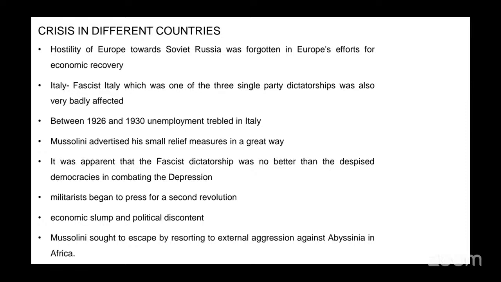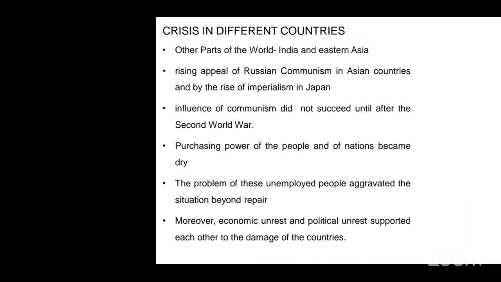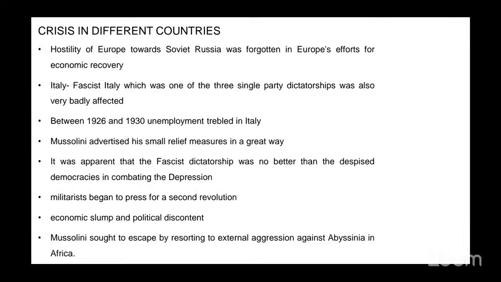Then Mussolini sought to escape by resorting to external aggression against Abyssinia in Africa. So this is how Italy faced its post economic crisis reconstruction. Italy was under Mussolini, who was known as a fascist regime. There was an unemployment crisis in Italy during 1926 to 1930, and the militarists began to press for a second revolution.